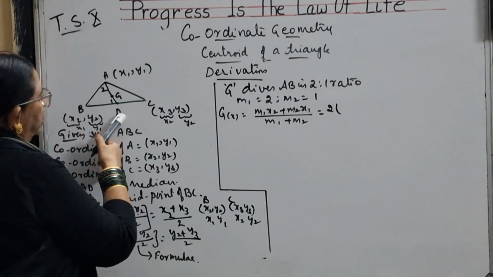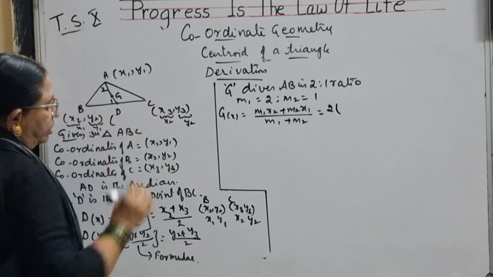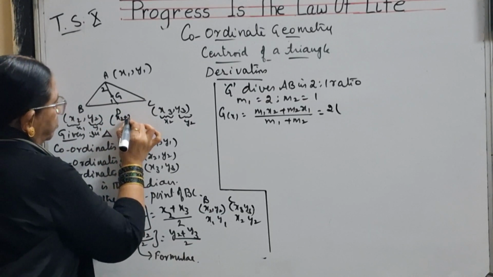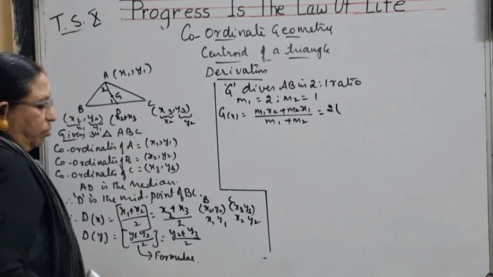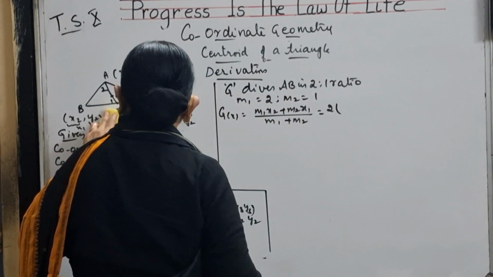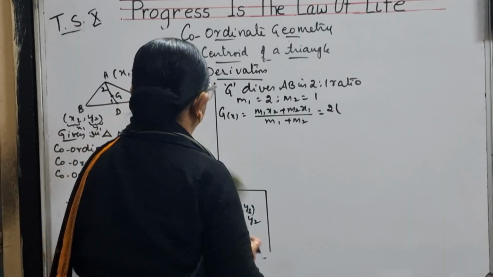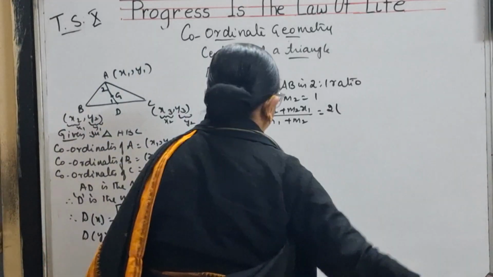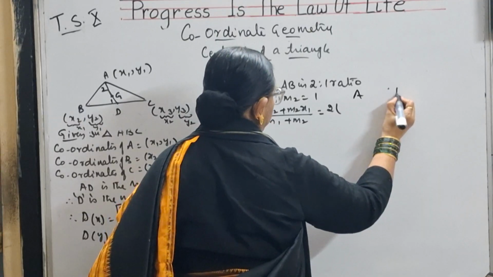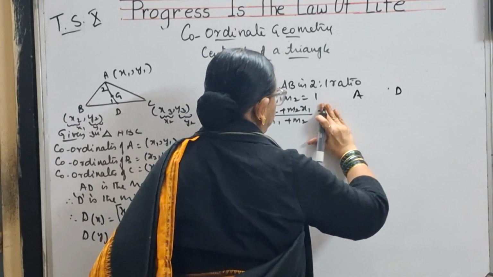x2 means what, children? x2 means this coordinate. So what are the coordinates here? x2 plus x3. I have no space, children, here, so I will write it here.